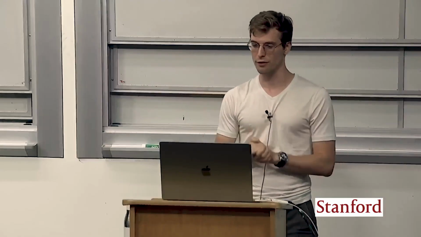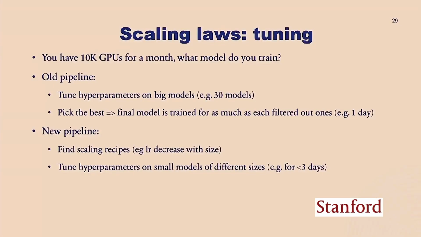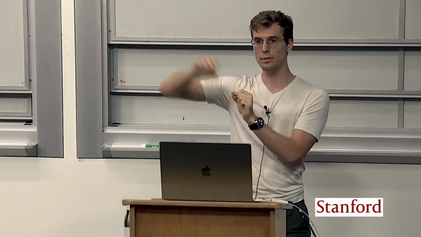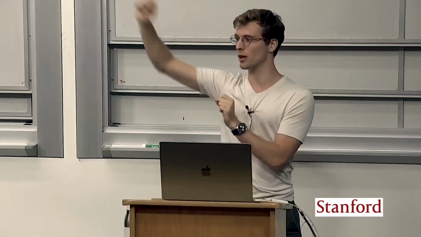Let's say for 3 days of my 30 days, I will train many different models and do hyperparameter tuning on these small models, each of different sizes. Then I will fit a scaling law and try to extrapolate from these smaller models which one will be the best if I train it for much longer, if I train it as a larger model.